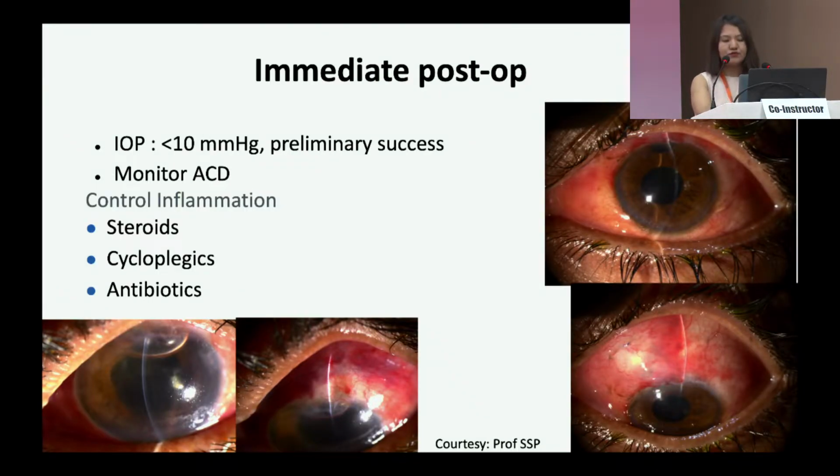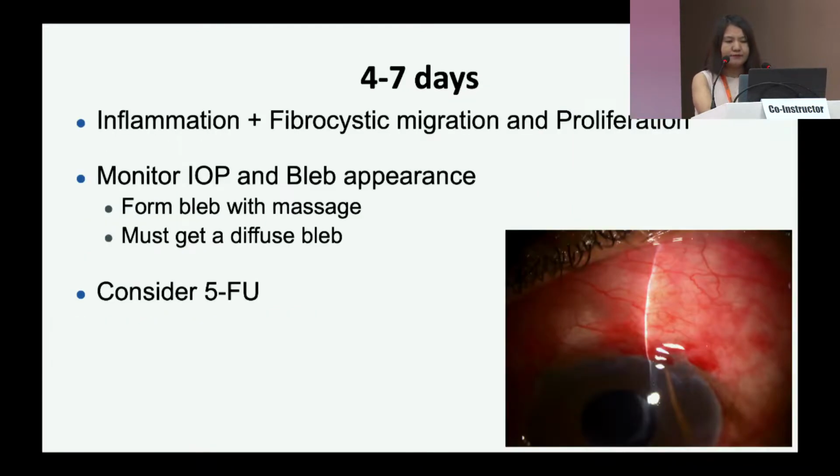In the immediate postoperative period, again, as I already discussed, intraocular pressure less than 10 mmHg is a sign of preliminary success. You should always monitor the anterior chamber depth, because in the presence of low IOP, you can have a shallow AC, like a choroidal detachment or so. As in any trap procedure or any glaucoma surgery, you should control the inflammation with the help of steroids, cycloplegics, and antibiotics.